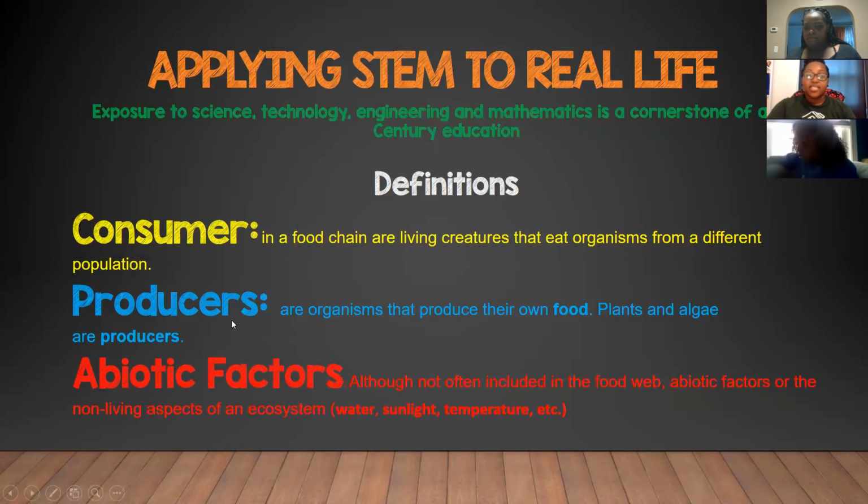Our next definition is producers. Producers are organisms that produce their own food, like plants and algae. And then we have abiotic factors. Although not often included in our food web, abiotic factors are non-living aspects of the ecosystem, like our water, our sunlight, and different temperatures. Take a little bit of time and write those down.